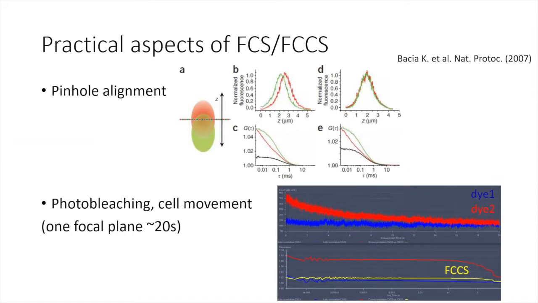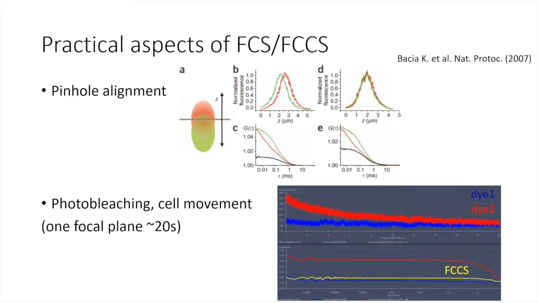And for the other aspects of FCS and FCCS, the first part, you need to make sure your pinholes for the two colors are the same, because if they have a little bit of shift, your amplitude will have some offset, so it can give you a wrong number. Also, if your protein diffuses slowly in the focal volume, you may see photobleaching in your time trace, or even the movement of your cell membrane.